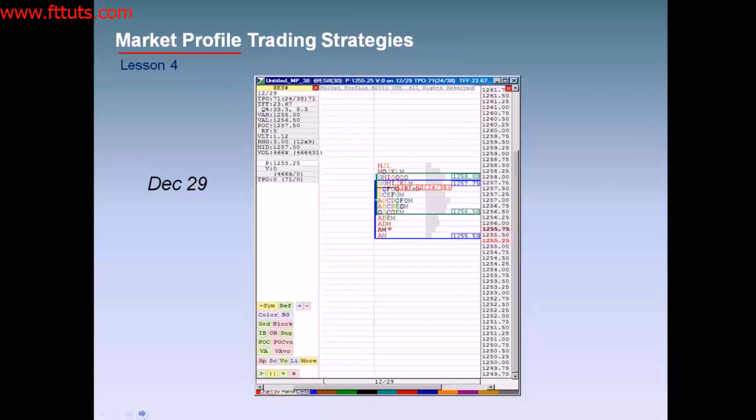This is the December 29th, which was the following day, and that is the video that we just looked at. And I want to show you how, when we look at the profile, it looks very bulged in a very short and tight and narrow range. Those are all classic characteristics of short-term trader control in the marketplace.